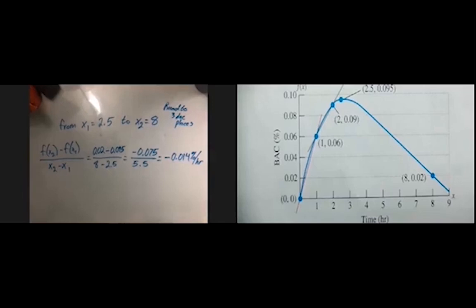You're getting less drunk as time goes on after about 2.5 hours. And in that span of time, that 5.5 hours, on average, you're getting 0.014% less drunk per hour.